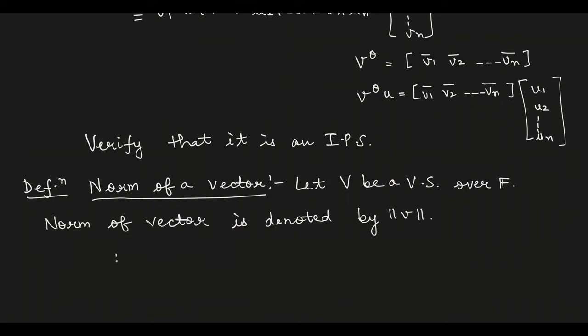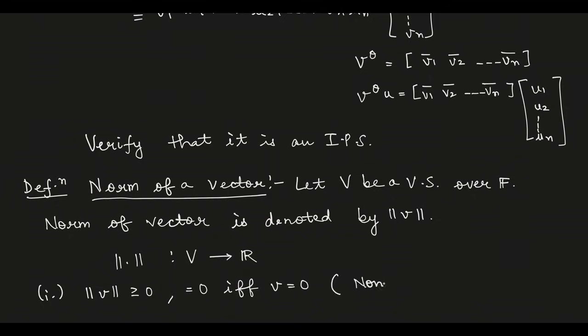It has some properties. It will be a map from vector space V to real numbers. So first property is norm of v is greater than or equal to 0. It is equal to 0 if and only if v is 0. This is the non-negativity property.